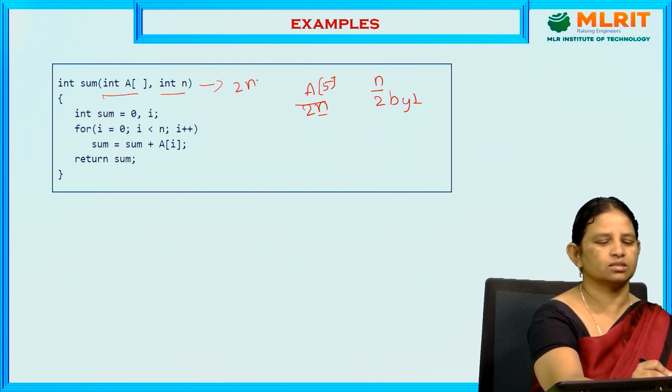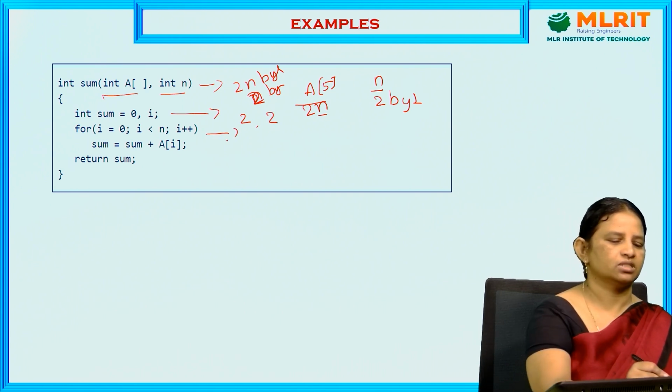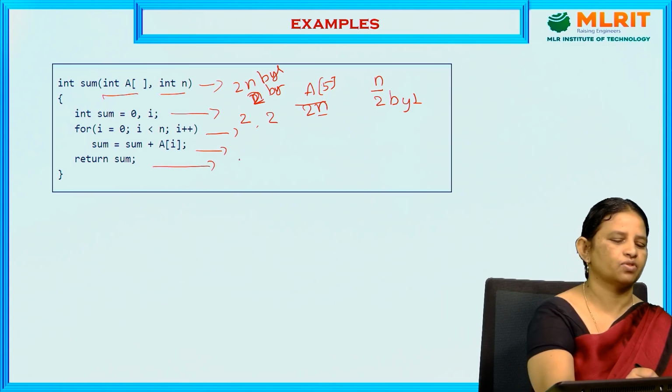And then n takes 2 bytes. For the other variables, sum is an integer value, 2 bytes, and i also 2 bytes. So these are the executed statements. After that, how many times do we return a value? Once, 2 bytes.